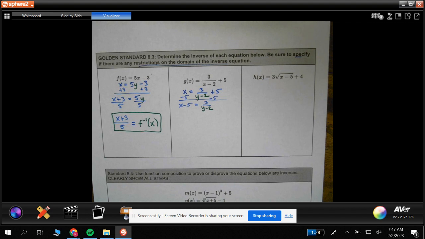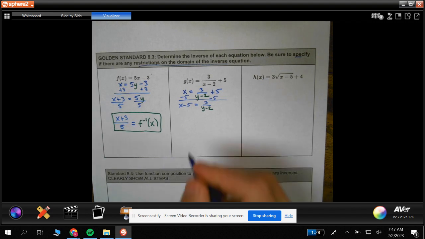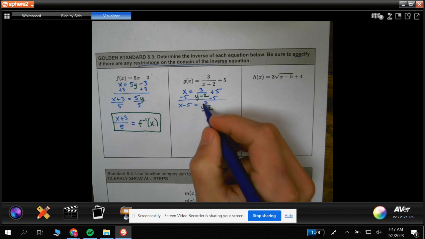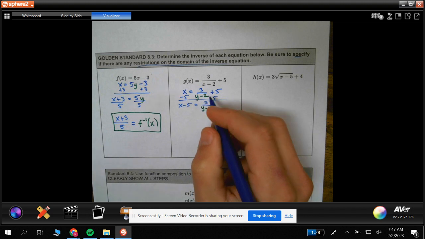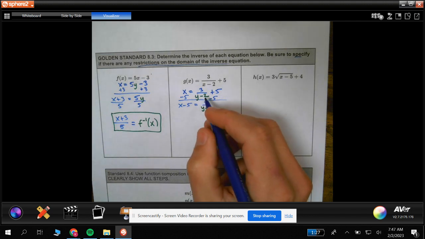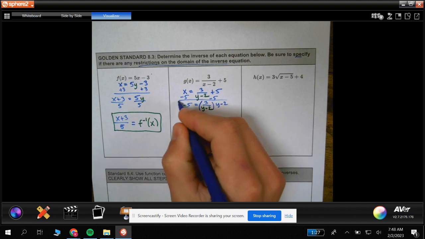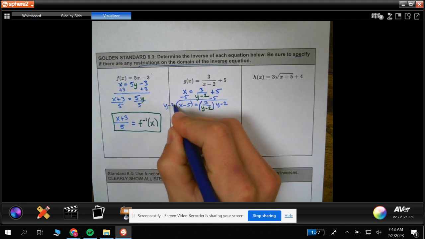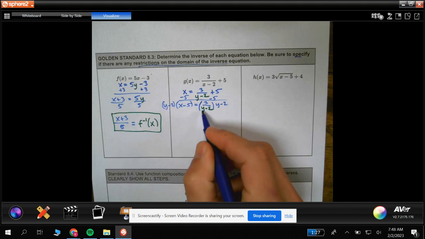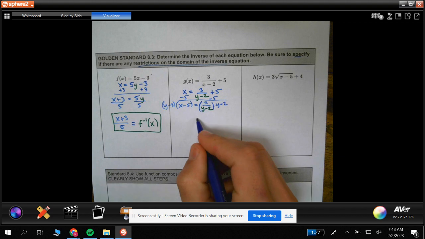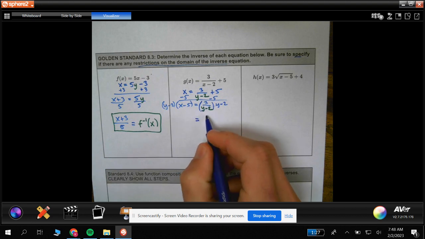So in this case, let's do this. I'm going to multiply both sides by y minus 2. When I do that, it cancels on that side, and I'm going to get 3.